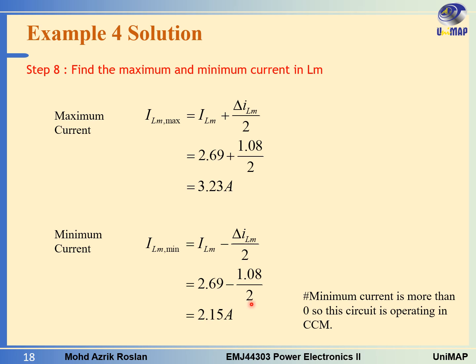So why we need to find the minimum? Actually we just need to find the minimum to verify this, because the question asks us to design a circuit that operates in CCM, so you have to verify that the ILM min is equal to 2.15, which is bigger than 0.